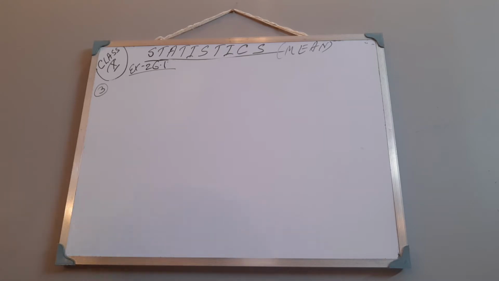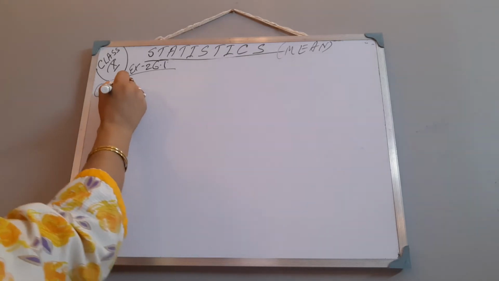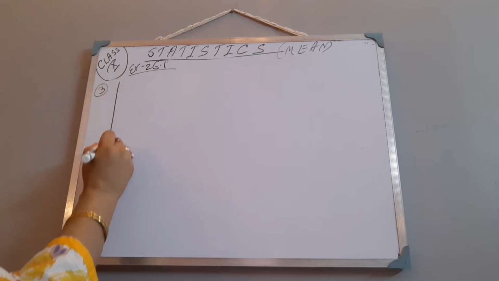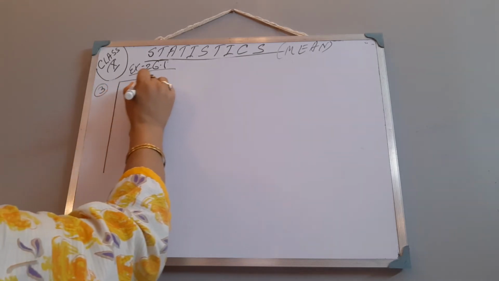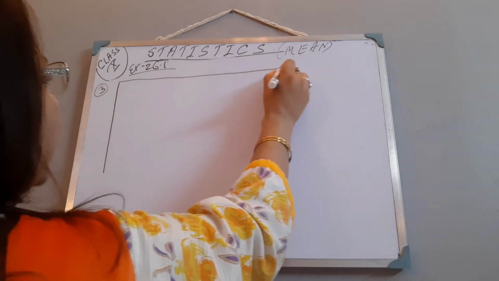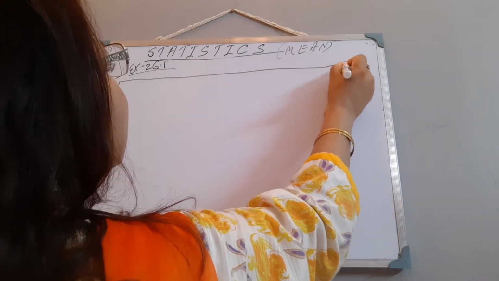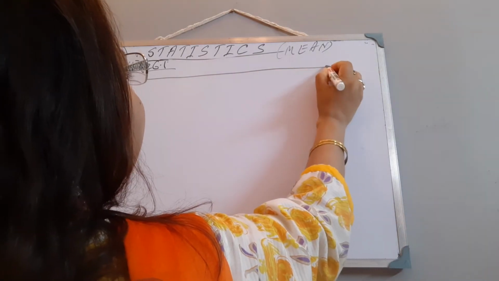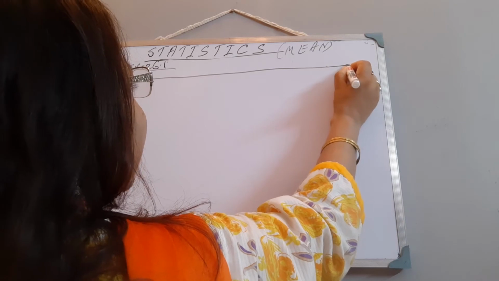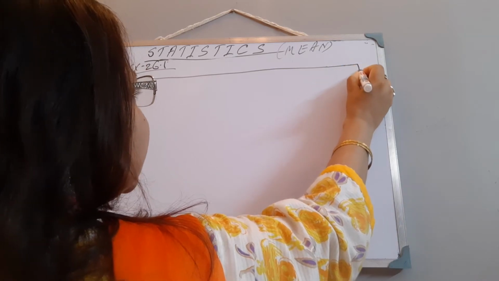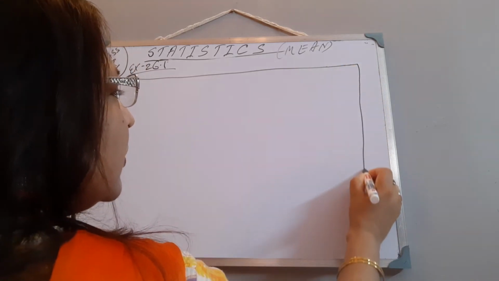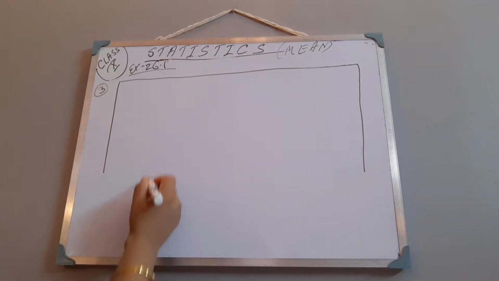Variables means the values of x: x1, x2, x3, all these are variables. Why are these variables? Because different values are there. They vary. That is why these are variables, not constants.